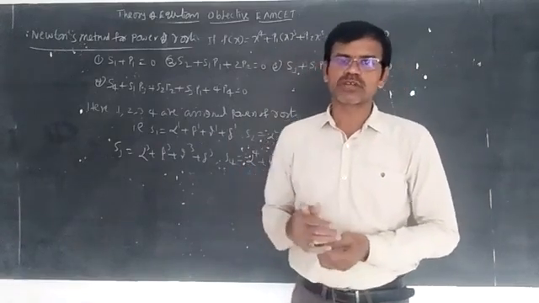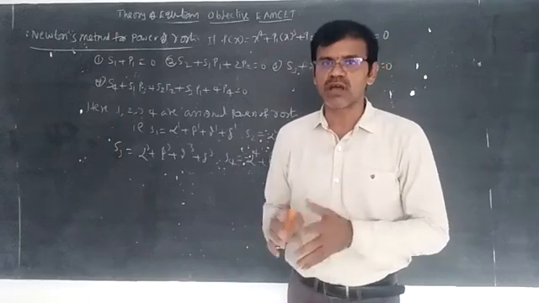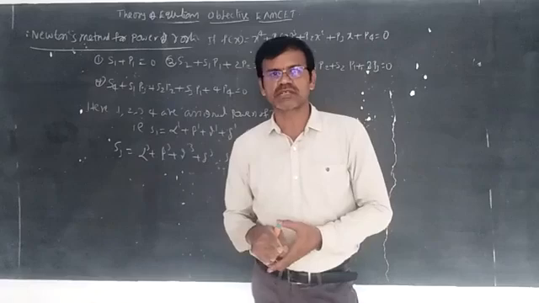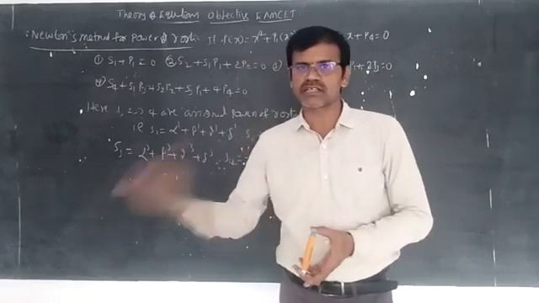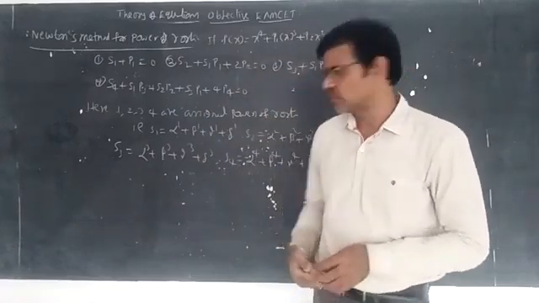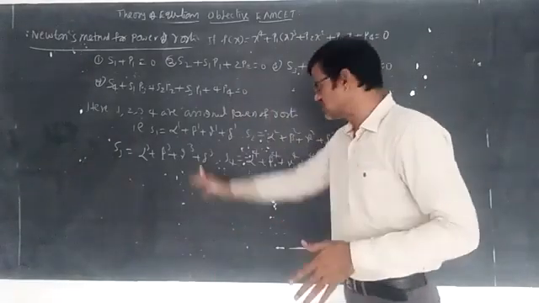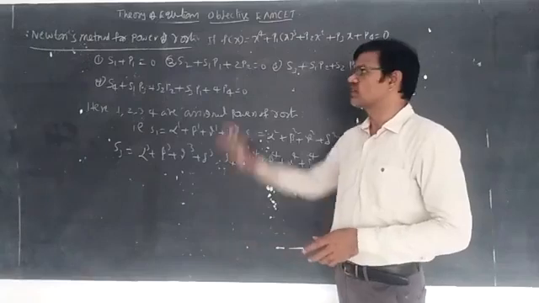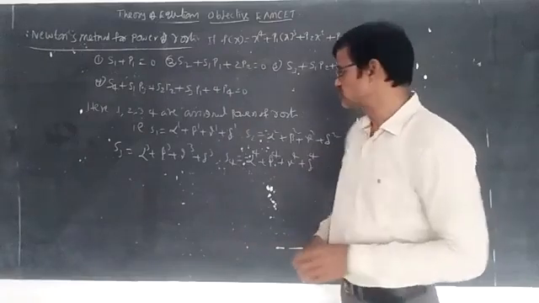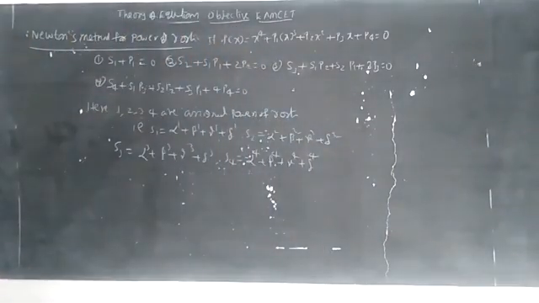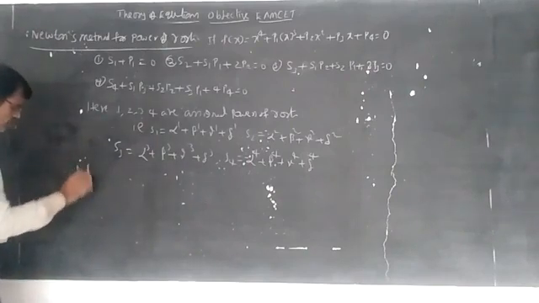And alpha cube plus beta cube plus gamma cube as (alpha plus beta plus gamma) into (alpha square plus beta square plus gamma square minus (alpha beta plus beta gamma plus gamma alpha)) plus 3 alpha beta gamma. But for any problem, any method, this is the better method invented by Sir Isaac Newton. Now let us consider an example based on this formula. Students, if you need notes, note it down.